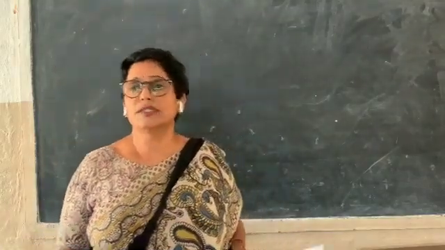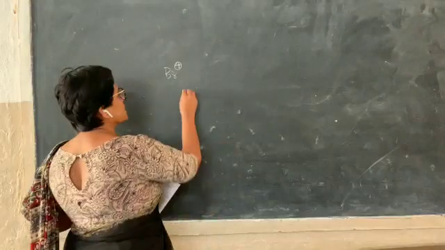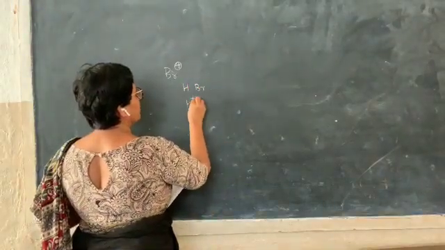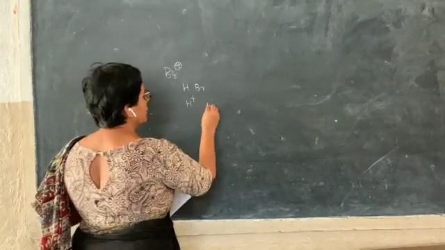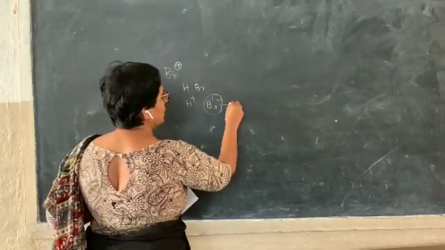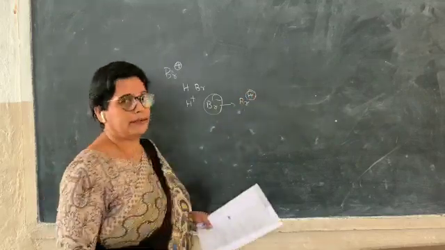When we use HBr, by splitting this HBr, H will become a positively charged ion and Br will be a negatively charged ion. This will donate one Br plus radical.